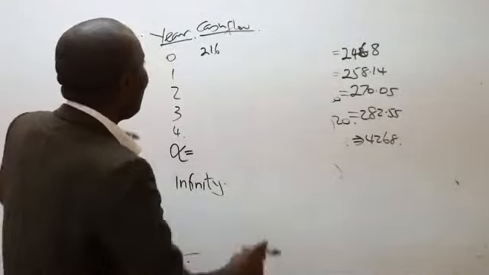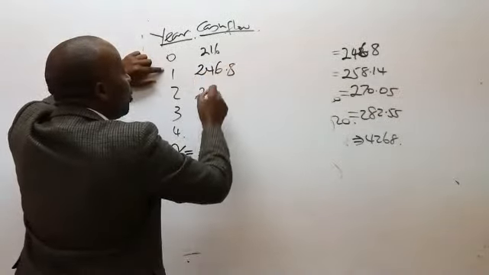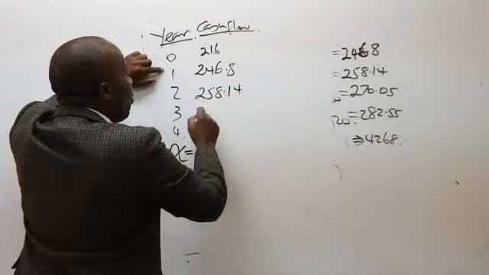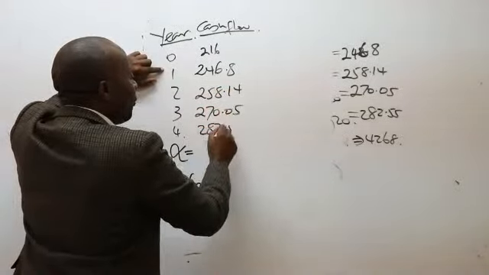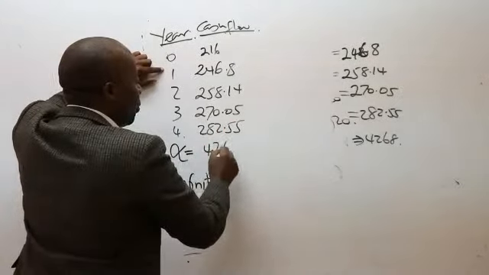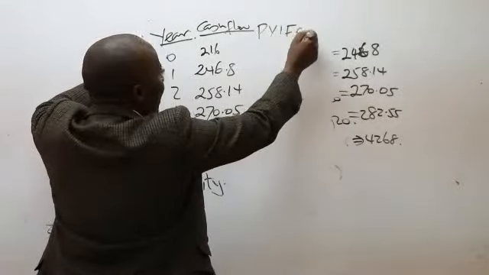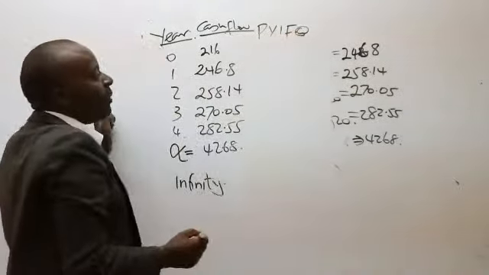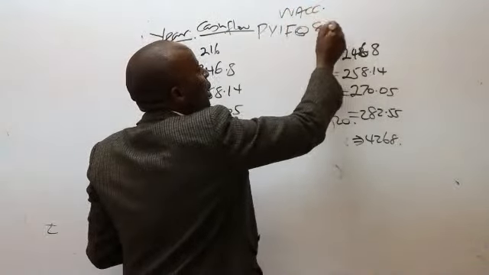And then have my new figures here. 246.8, 258.14, 270.05, 282.55, and then we have 42.68 like that. And then you come and they give us, ladies and gentlemen, a column for PVIF. And remember, we are discounting these at WACC.